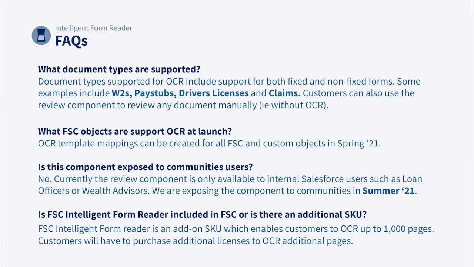OCR template mappings can be created for all FSC and custom objects in Spring 21. Also, currently, the review component is only available to internal Salesforce users, such as loan officers or wealth advisors. We are exposing the component to communities in the next release or so.